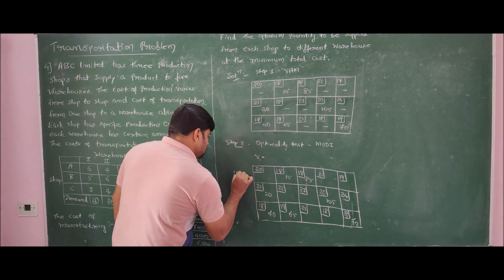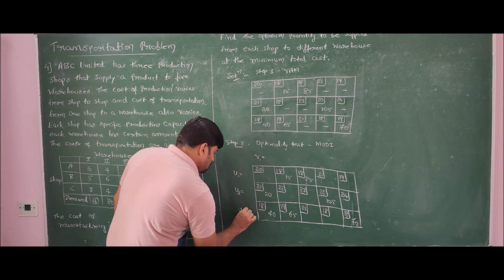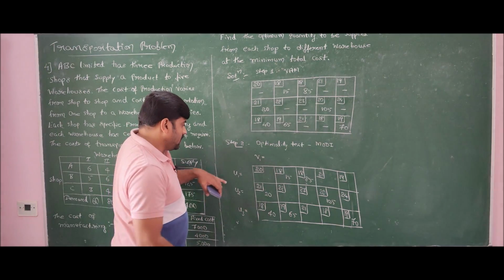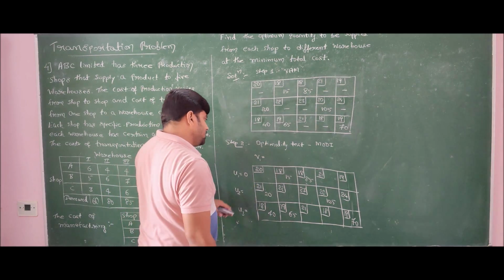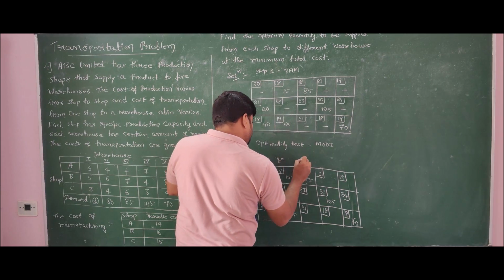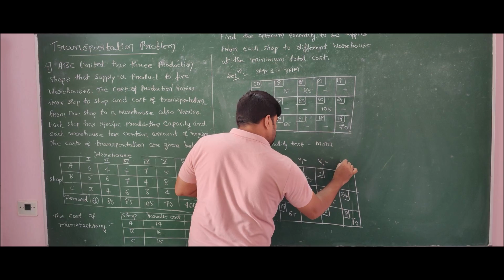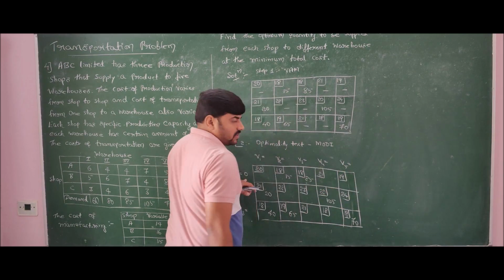Now to start with, you already know that we always start by giving U1 as 0. Since U1 is 0, we have allocations here, so I can find the values of V2 and V3, V4, V5.